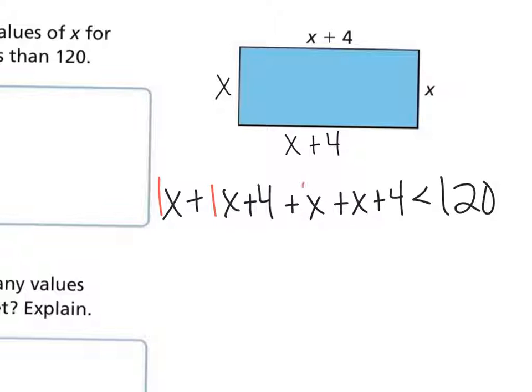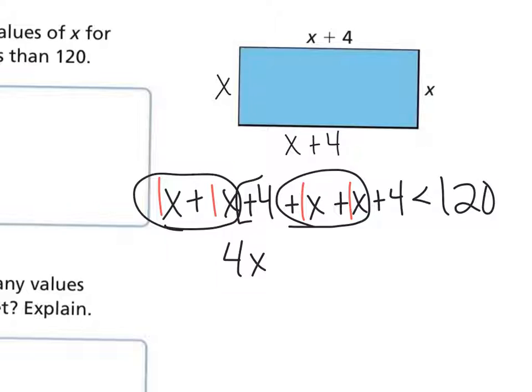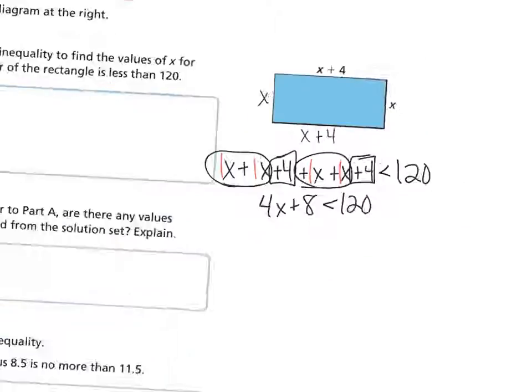So the x's, you can put 1s in front of those, and then we can go ahead and combine our like terms since they're on the same side of the inequality. So that'd be 4x plus 8 is less than 120.